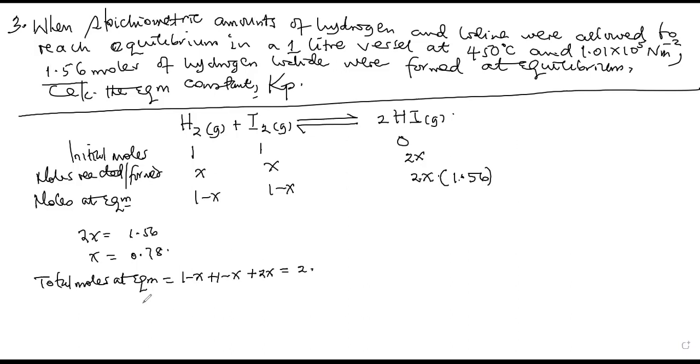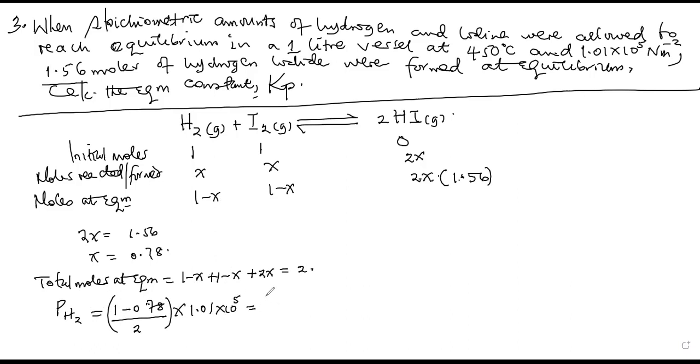Now, after getting moles at equilibrium, let's get pressure of hydrogen. Pressure of hydrogen would be moles of hydrogen, which is 1 minus x, that is 0.78, over total moles, that is 2, then times the total pressure, 1.01 times 10 to the power 5.